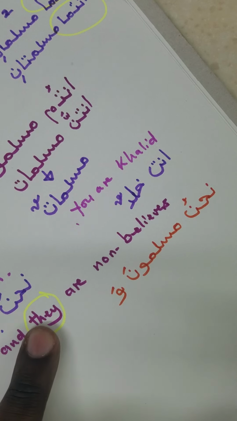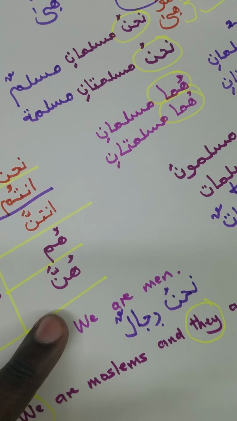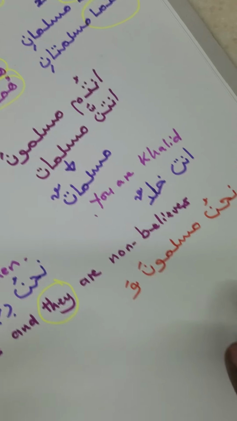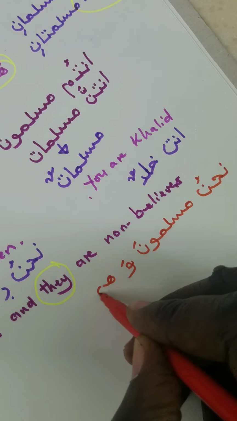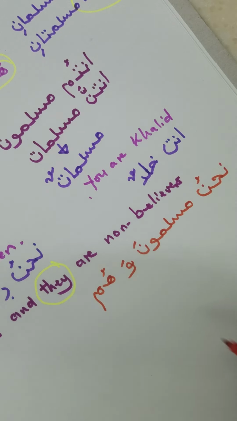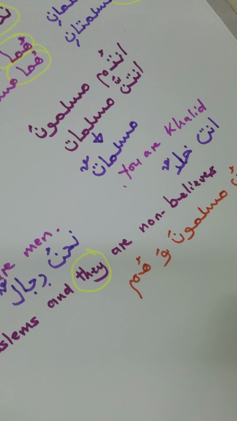They: you go back to the chart and see what we said. You'll see it is hum, so you come back and say wahum. Non-believers are called kafir. Kafir is a non-believer, and when they are many, they become kafirun.